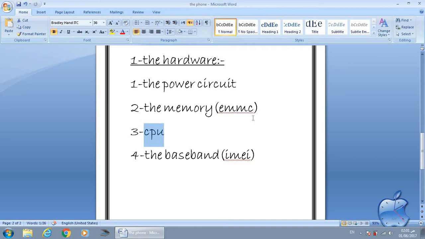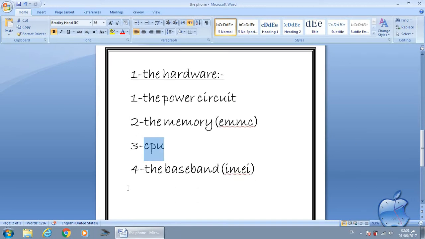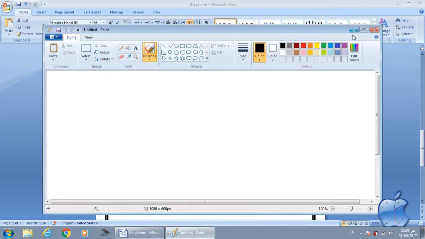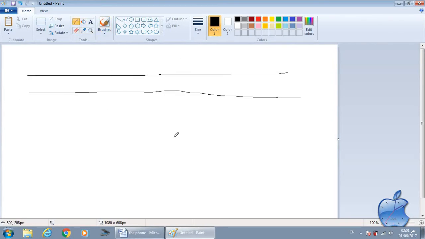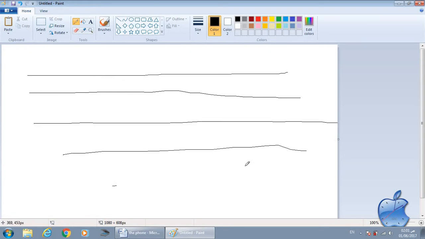Unfortunately, I don't have a picture of it, but I will try to draw it so that you can understand. The motherboard is like plates connected to each other.